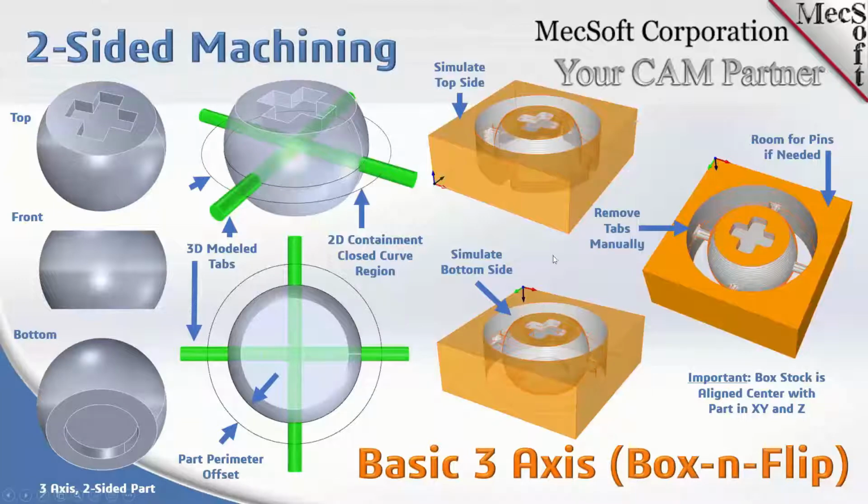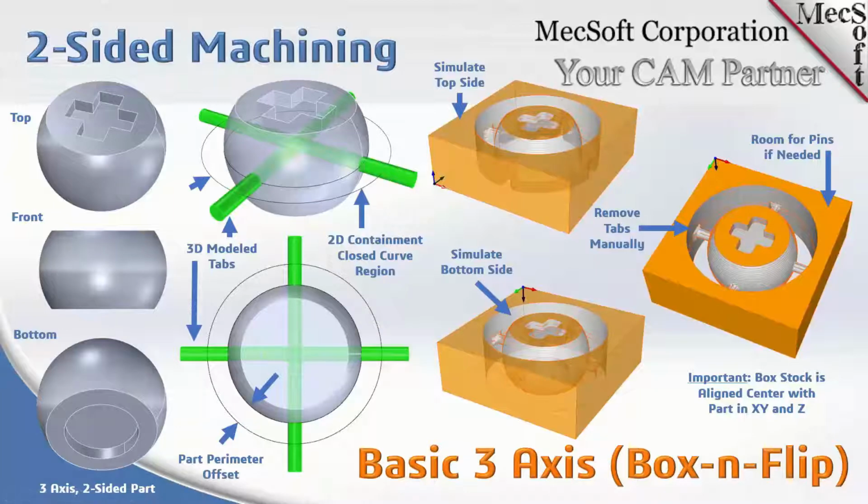And you can see when you flip it over, you do the other side as well. Again, it's just a square box, and the part and the stock are centered in X, Y, and Z, so that when you do the one side and then flip it over and set the setup to the same position, it will line up automatically for you.